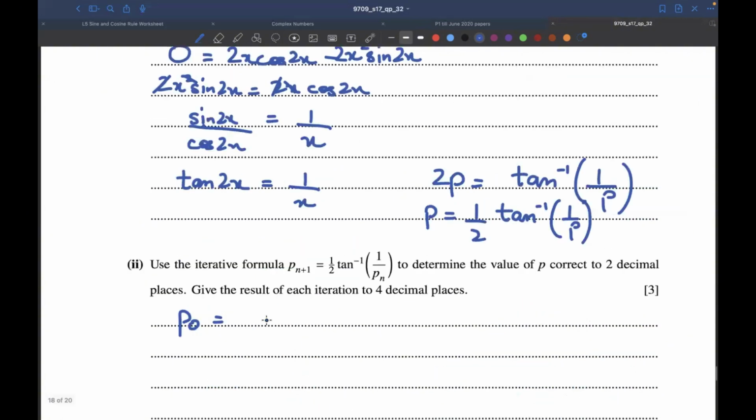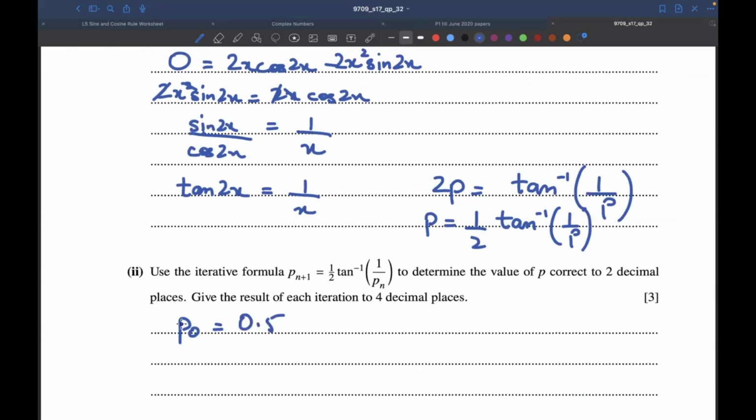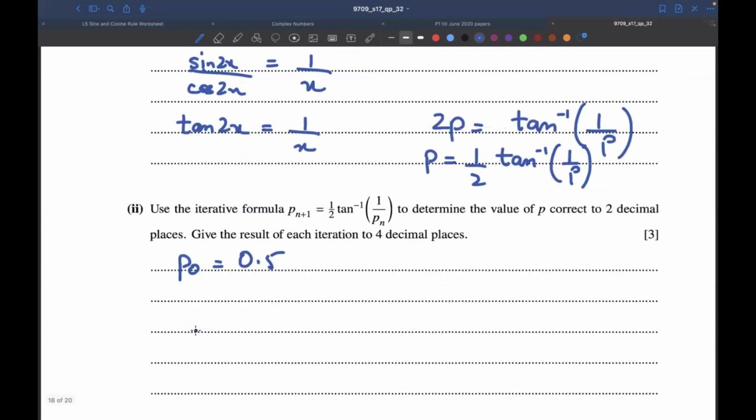So we can start off with the initial value 0.5, and the first value of p will become 1 upon 2 tan inverse of 1 upon 0.5, which is tan inverse of 2. Now substituting this in the calculator, we'll get, okay, so tan inverse of 2, and then we'll divide by 2.